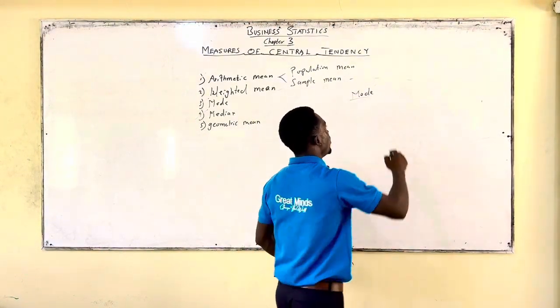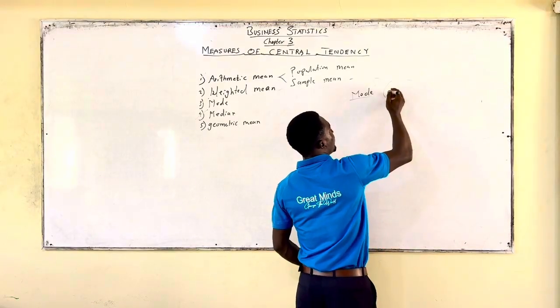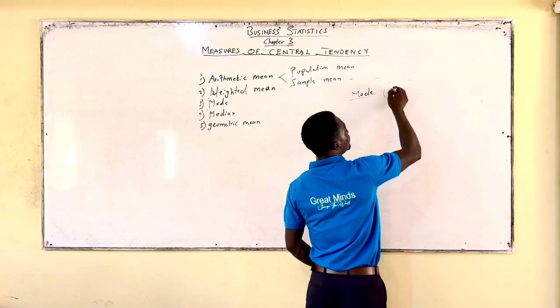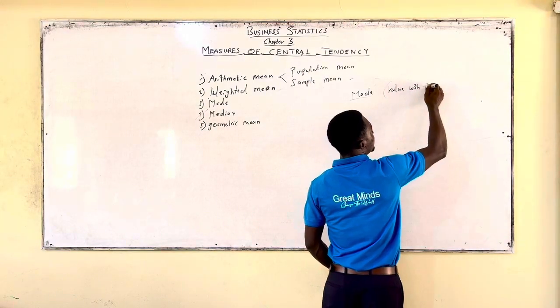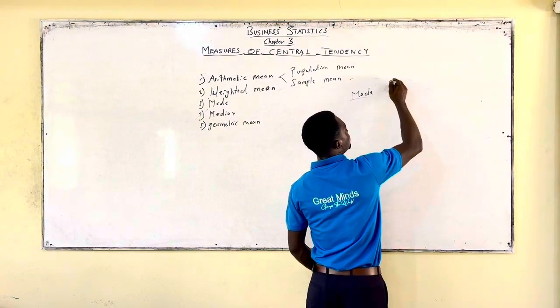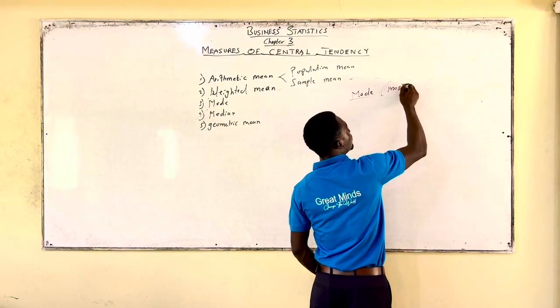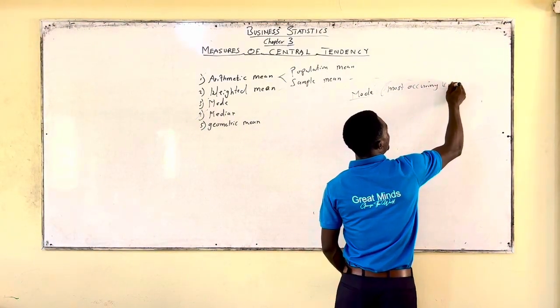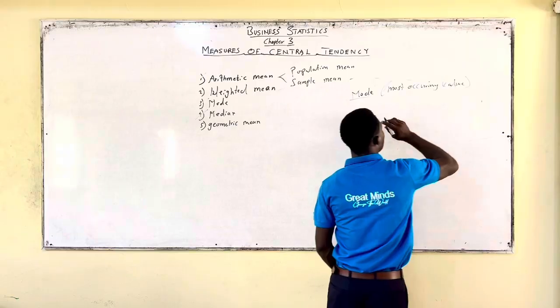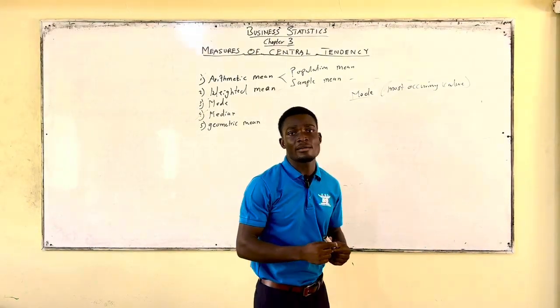Now, we said mode is the value with, or let's say the most occurring value. Most occurring value.